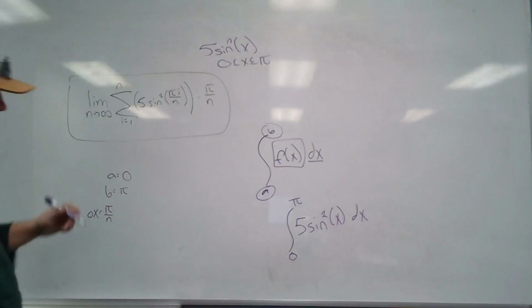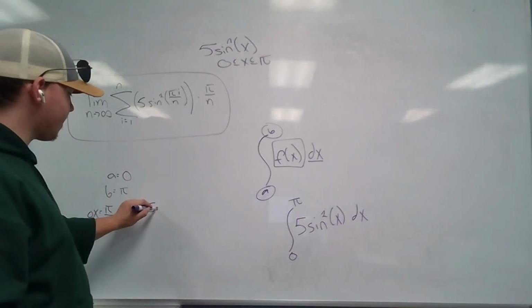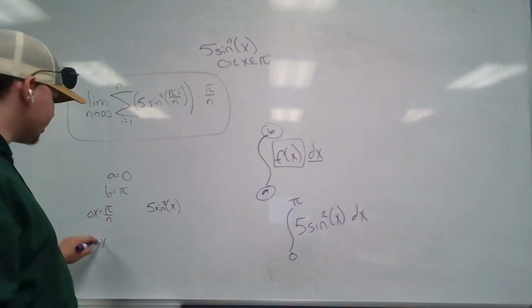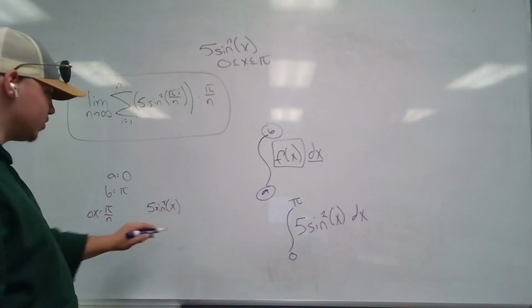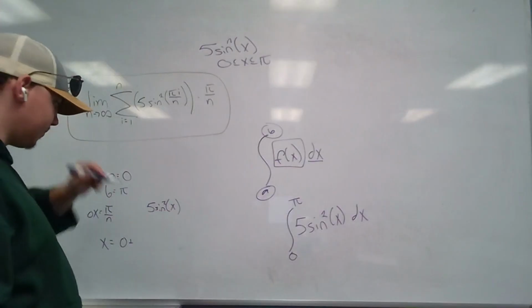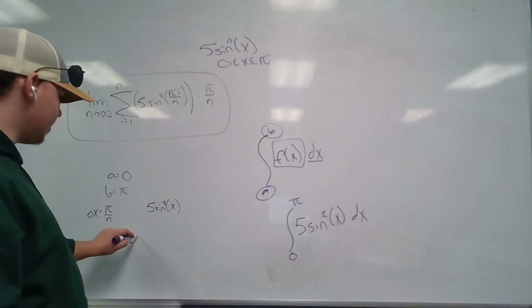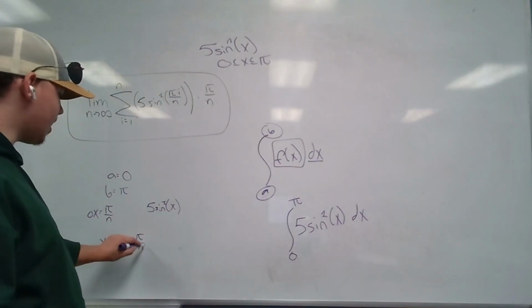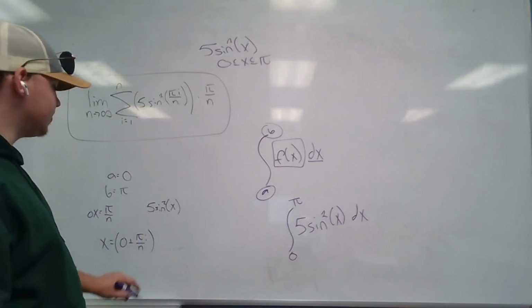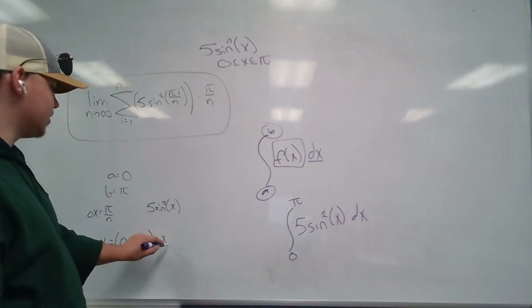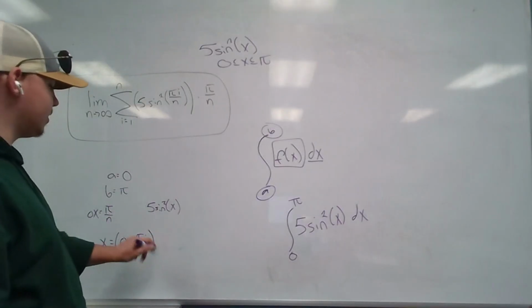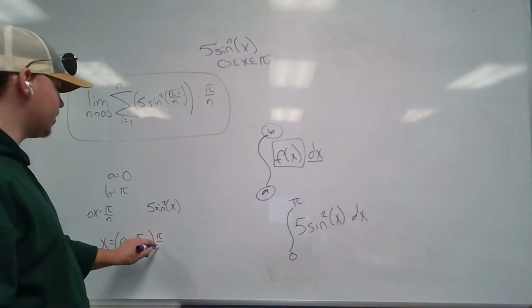My function is 5 sine squared of x, and x is going to have to be a, which is 0, plus i times my change in x, which is equal to pi over n. So we can erase it and say pi over n.